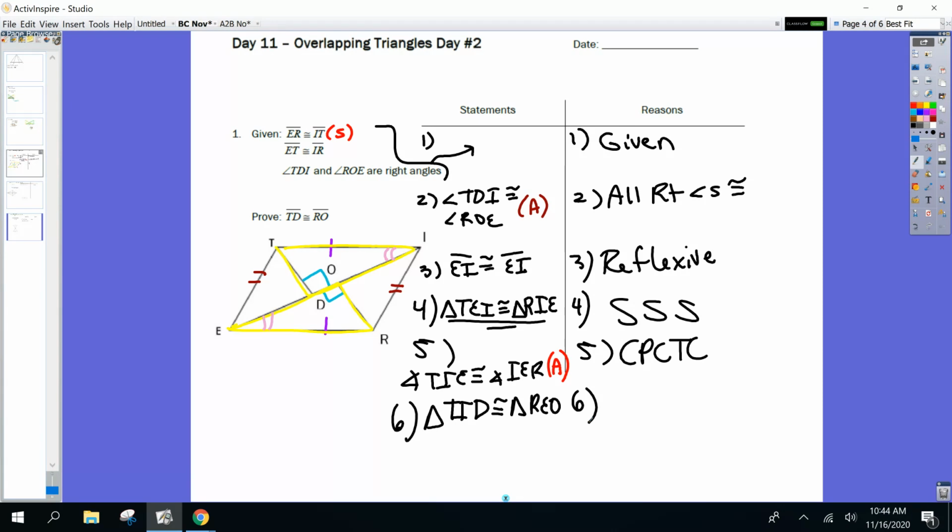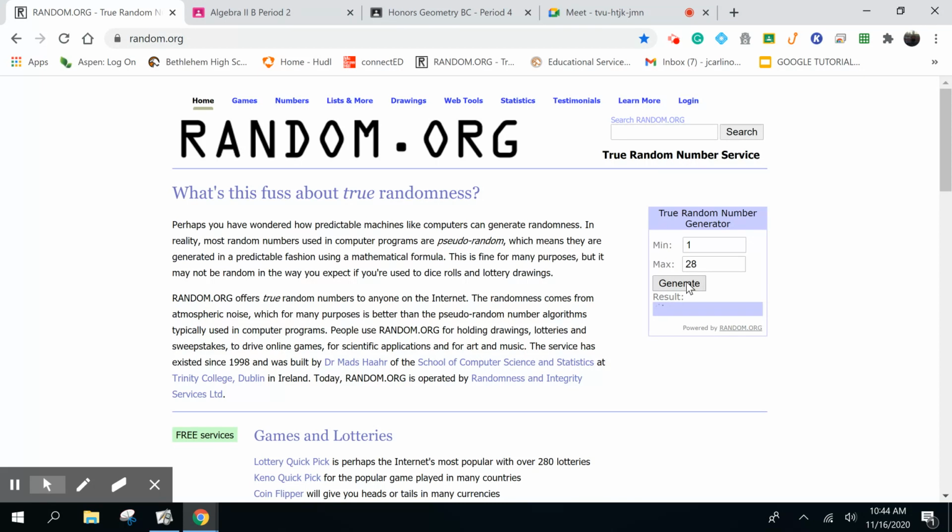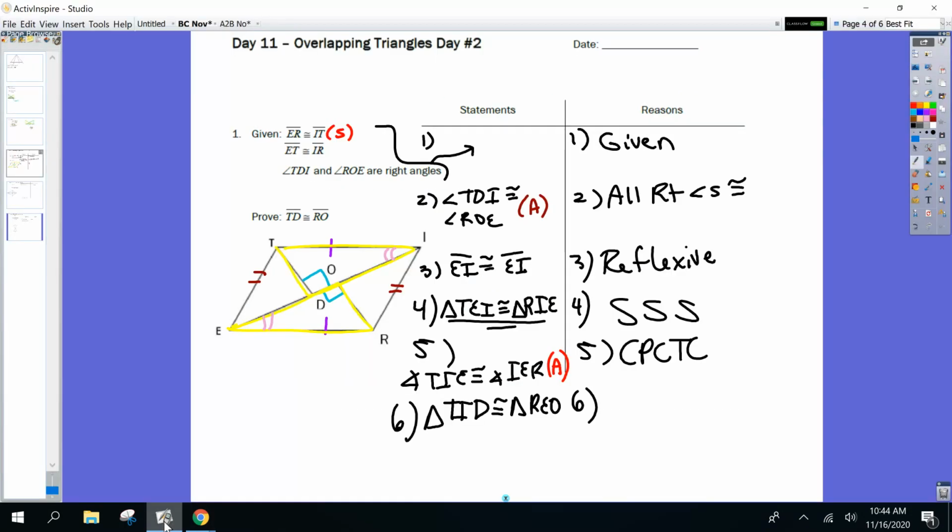I did TIE, you can go TID, TIE, or TIO, it's the same angle. What method here now? What method for those two triangles? Ellie, what method we got there? Good job. The side is not in between there. Good. And then why did I prove the triangles congruent? So we could eventually get to TD being congruent to RO by CPCTC.